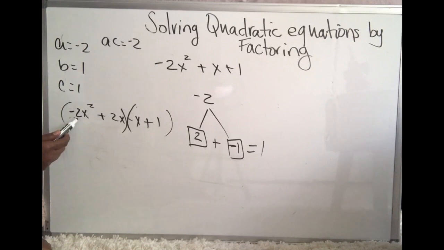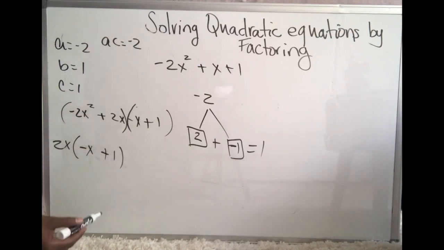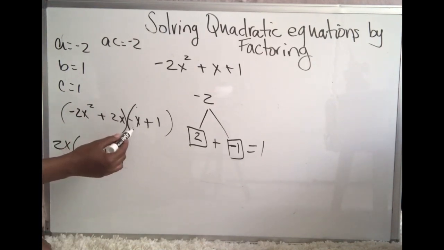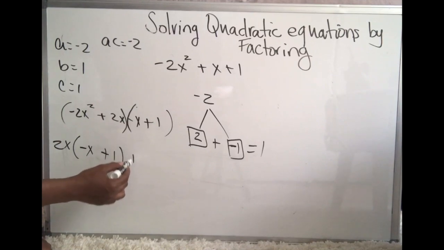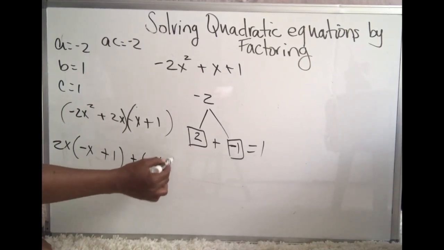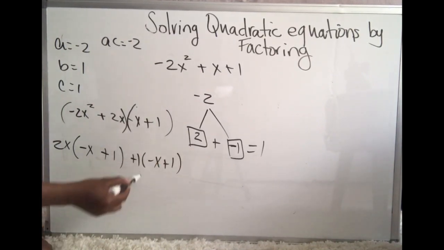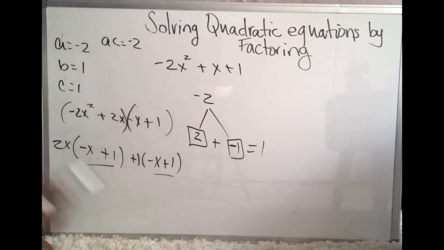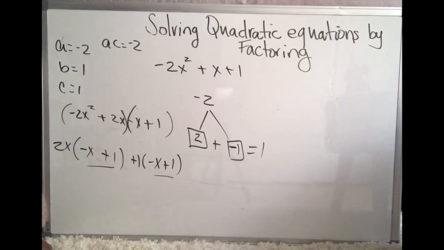I see that I can take out a 2x, and I'm left with negative x plus 1. And this one, I already have negative x plus 1, and this is an imaginary 1. They look alike, so I am good with my factoring.